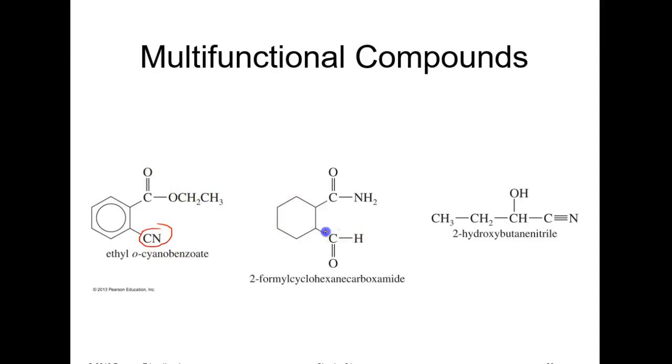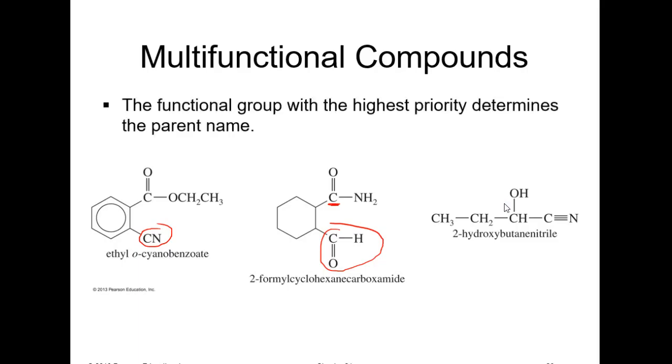Same thing here. This is easy to name. That's a formyl group. Also, this is more oxidized because you have a carbonyl and a nitrogen. There's no hydrogens on this one. This one has one hydrogen. The same thing here. This has no hydrogens, but this has a hydrogen on it. So it's a nitrile. Again, we're not going to worry too much about this. Don't stress too much about these.